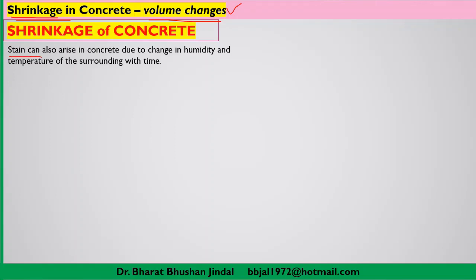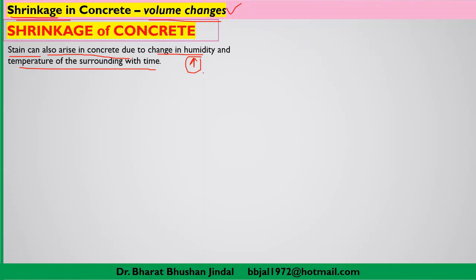Now let us understand. Strain can also arise in concrete due to change in humidity and temperature of the surrounding with time. You are aware that when a structural element is constructed in any type of RCC structure, with the change in duration and time, during the day and night, you will find some temperature variation.